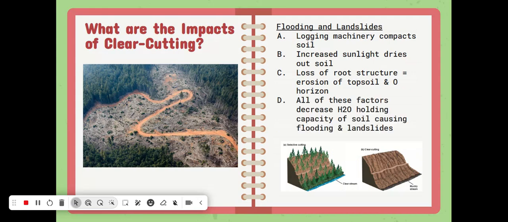All of these factors, the compaction, the soil erosion, and the increase in temperature, decrease the soil's water holding capabilities. So when there is a tremendous rain event or lots of precipitation all at once, this can actually create a landslide, a complete destabilization of the root structure and soil structure in that area.